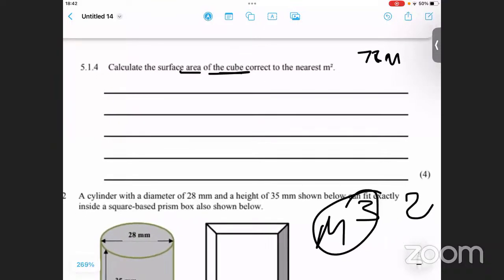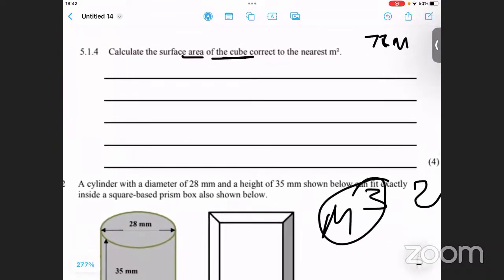Ma'am, I think it's 6 times s squared, where s is the side length. And why is it 6 times? Why are we multiplying it 6 times?